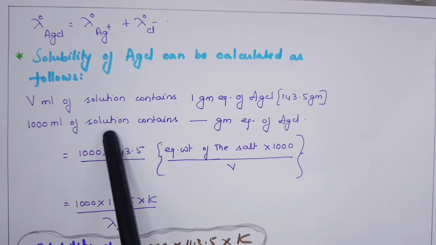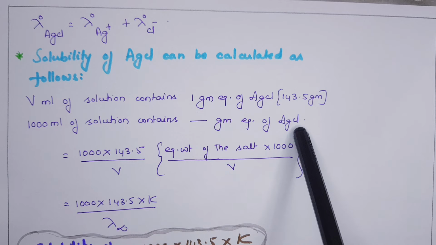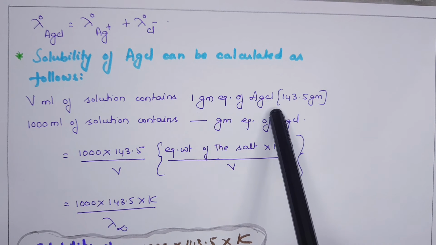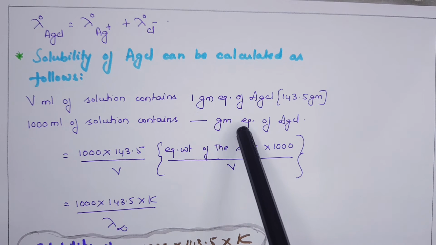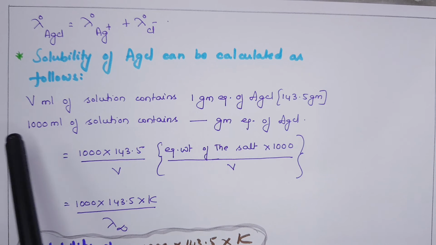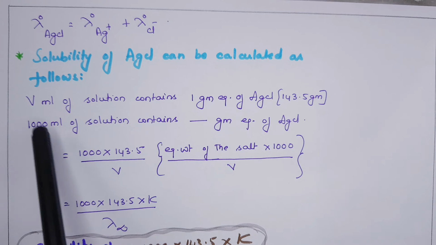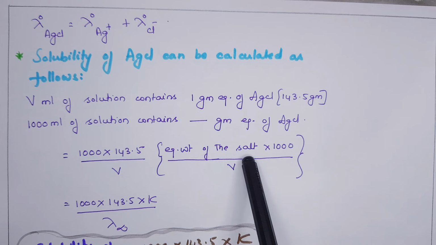Then 1000 ml of solution contains how many gram equivalents of AgCl? It is equal to 1000 into 143.5 divided by V.